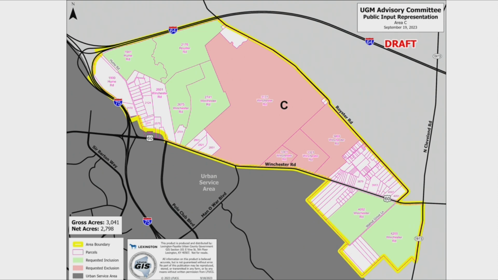Area C, the committee's preferred area along Winchester Road and the east central area. On the far west of this area, the large parcel owners, most of them, or their representatives said, yes, we want to be included and we're ready to develop. The large parcel owners on the lower east said, yes, we want to be included and we're ready to develop.